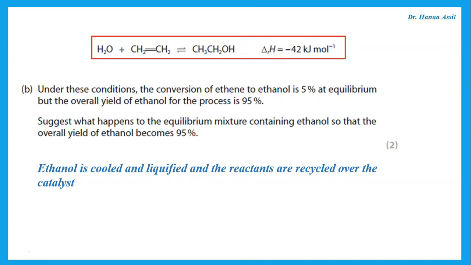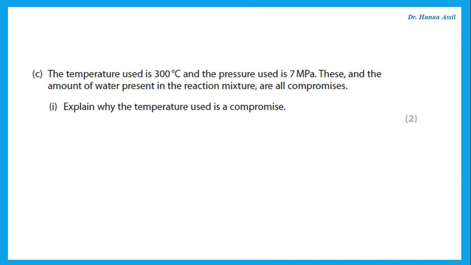Remove the product as it is being formed, and the remaining reactants are again recycled over the catalyst. The temperature used is 300 degrees Celsius and the pressure is 7 megapascal. These and the amount of water present in the reaction mixture are all compromises.